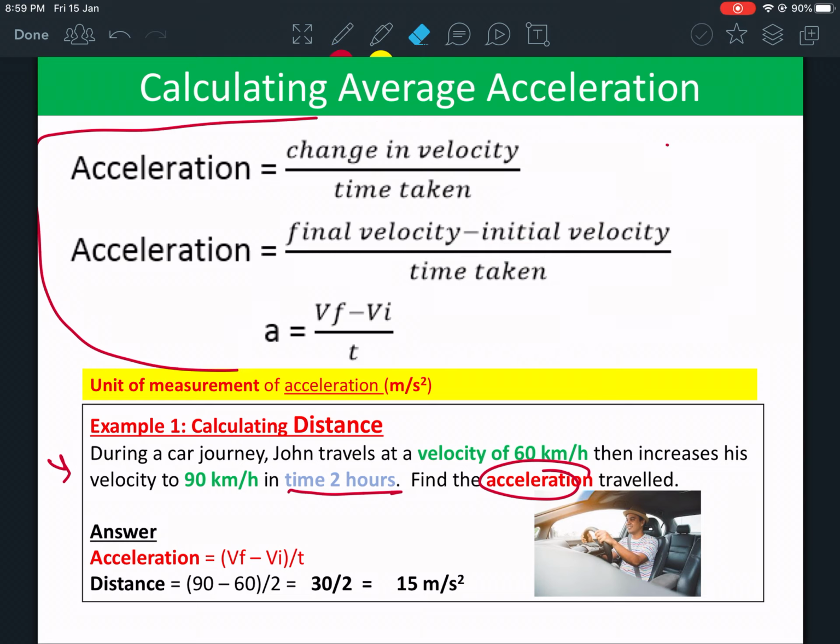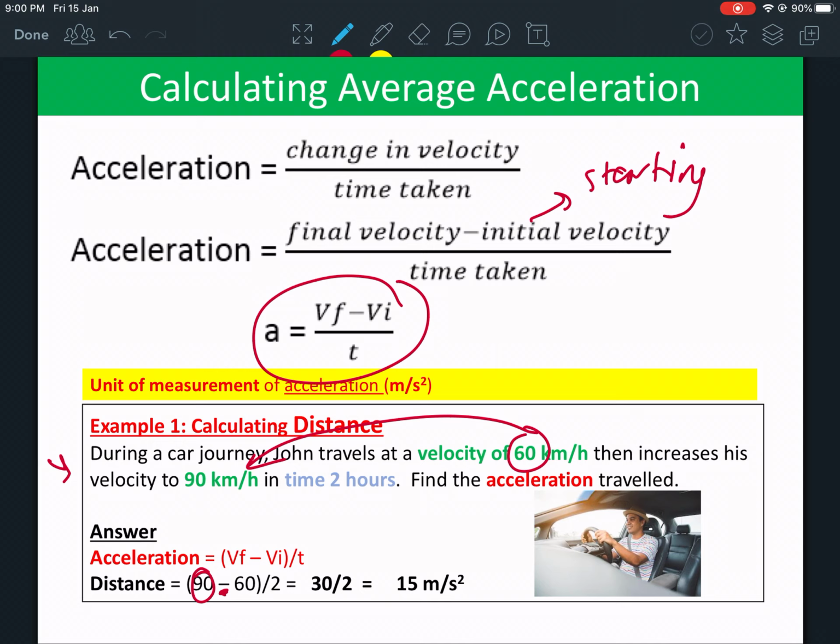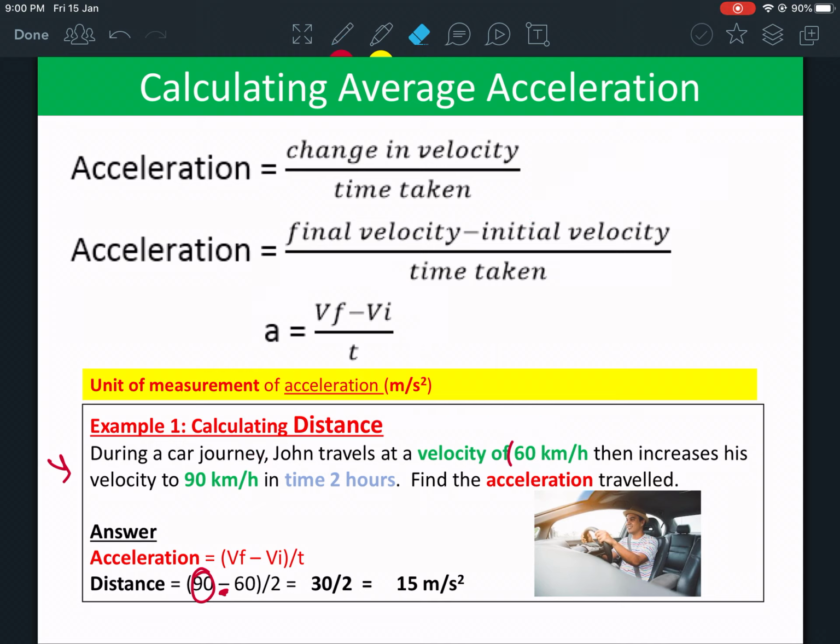So you write the formula. Velocity final: what's the final velocity? He was moving at 60 and then he changed to 90. The final one would be 90. So you put 90 minus the initial one, the starting one, which is 60, divided by 2, because the time is 2.